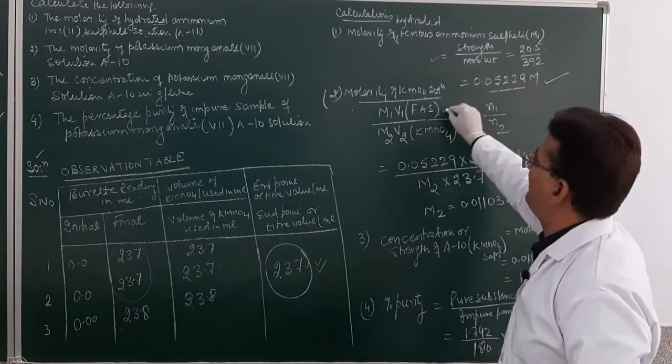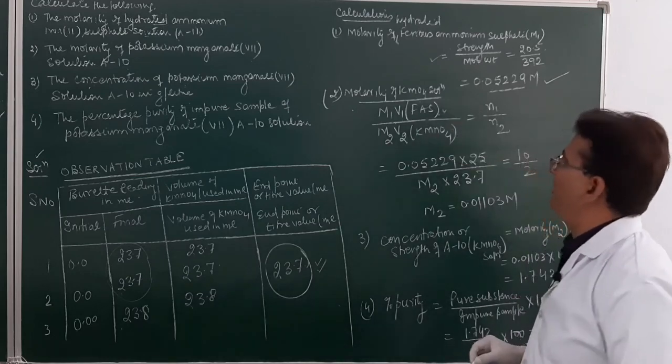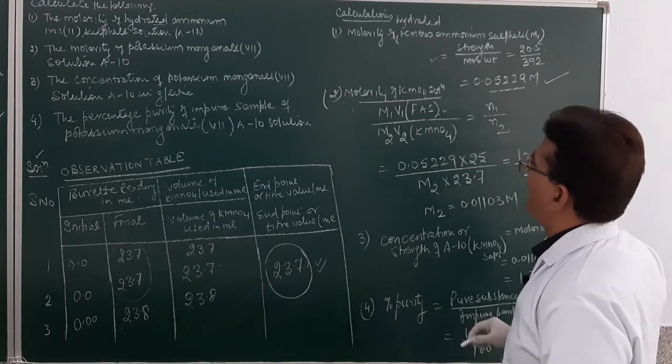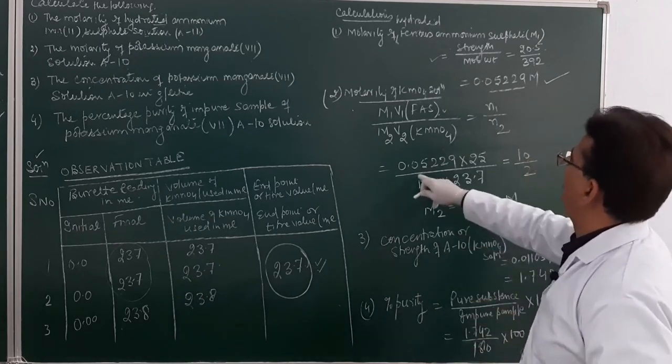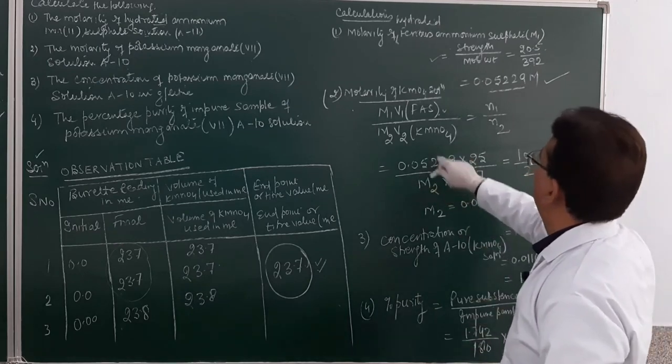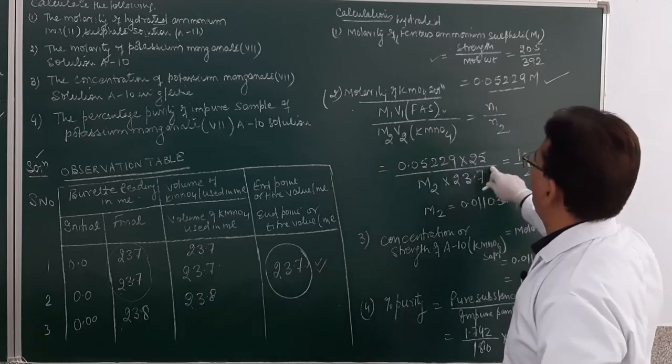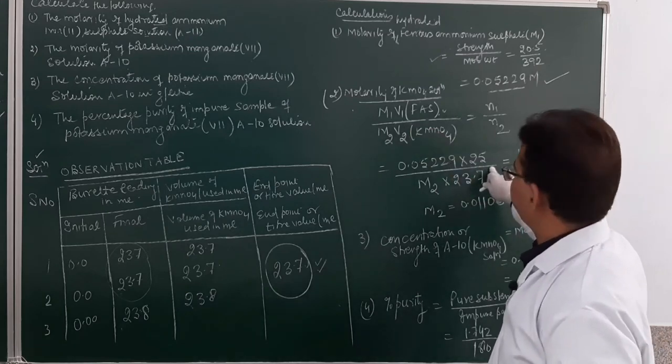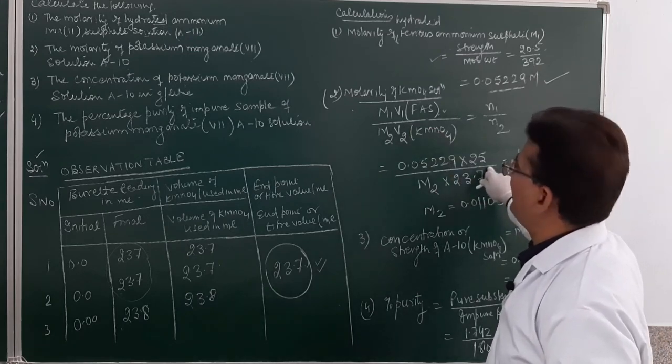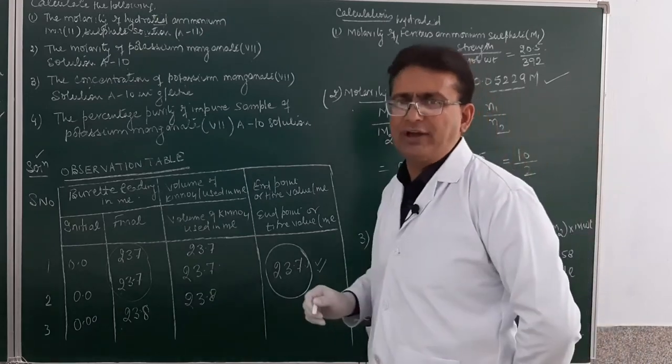M1V1 is ferrous ammonium sulphate, M2V2 is KMnO4 solution. What is the value of M1? M1 will be 0.05229 into the volume of ferrous ammonium sulphate solution used.